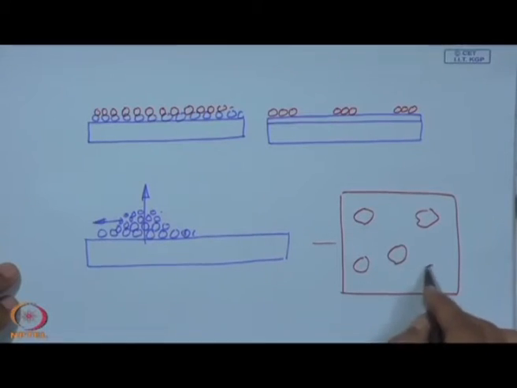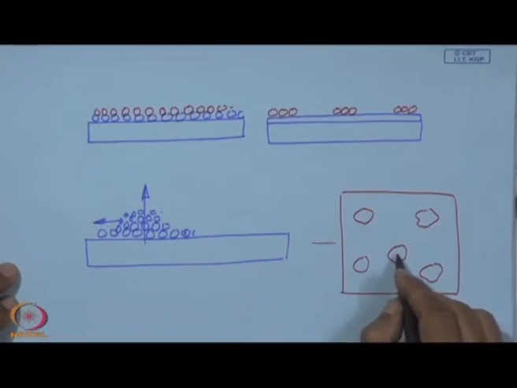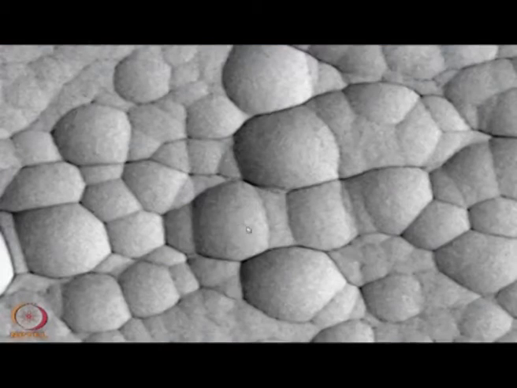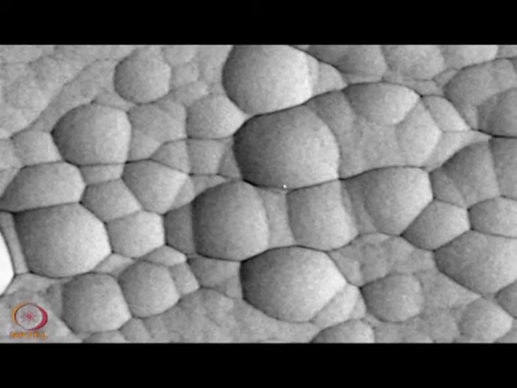These are the preferable sites, and ultimately this will grow and get joined. It was originally small, but it will keep on growing because the embryo is already formed, and finally what is going to happen, just what we see here, it was originally rather small and it is growing and another is coming from this side and they are joined.